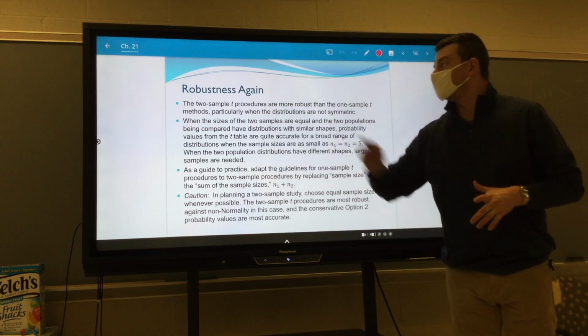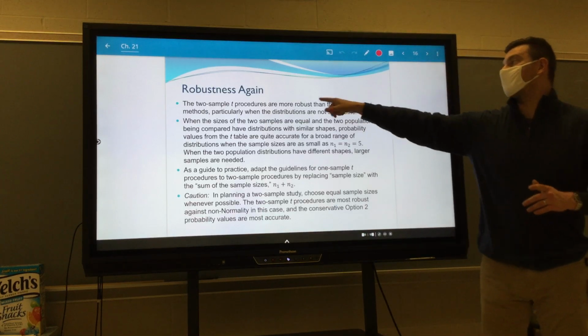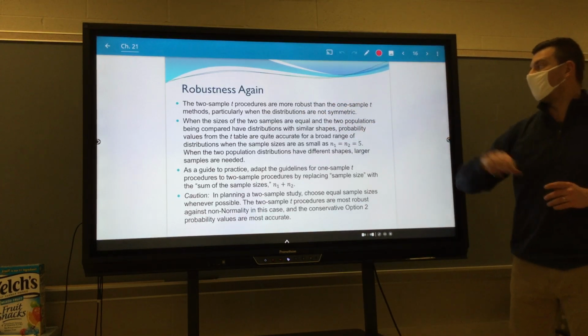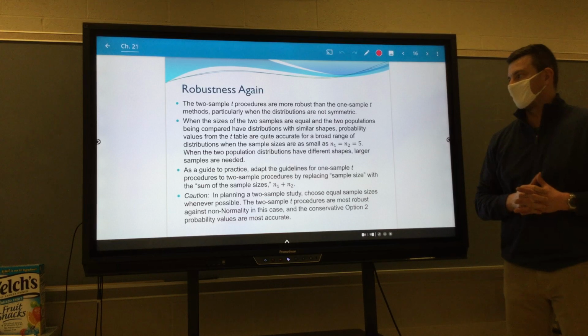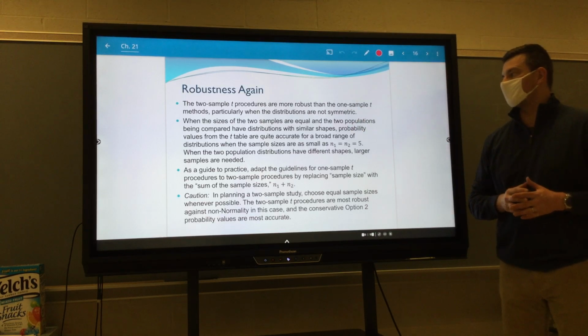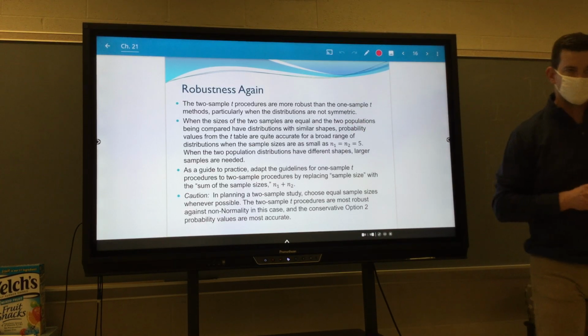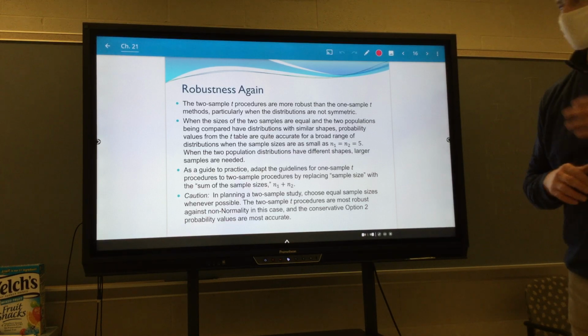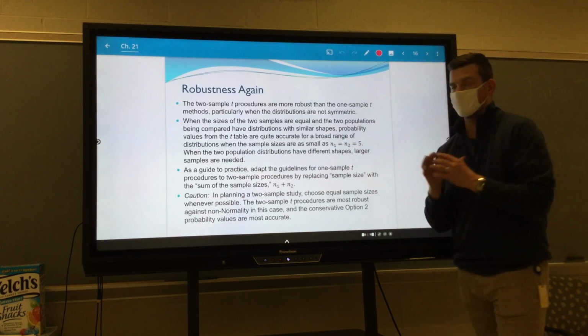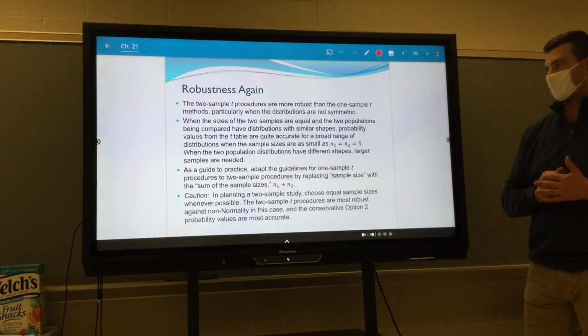Okay? The two sample t procedures tend to be more robust than one sample t procedures, particularly when distributions are not symmetric. Okay, so they hold up a little bit better than the one sample procedures.